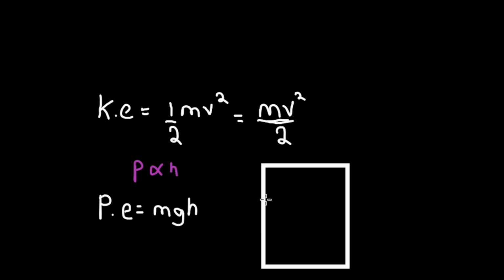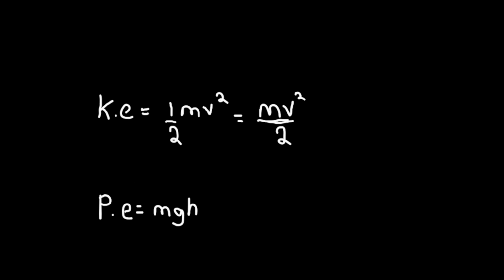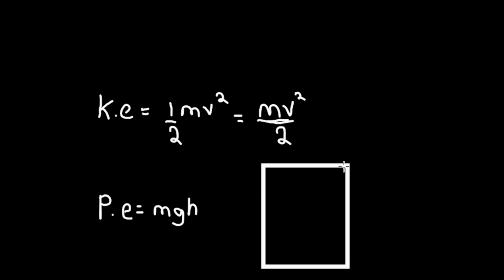Now I'm going to explain what this means. Let's say this is a 500-meter box. I know that can't exist, but let's say we've got a box of 500 meters. At the top here, let's have our potential energy, our PE. Since we are at the top of the cliff, the height is greater, so the potential energy will be at its maximum value.